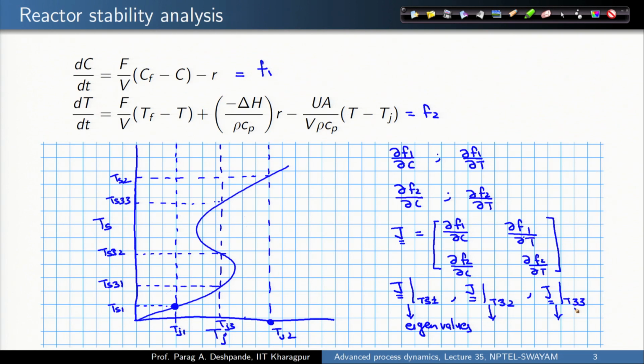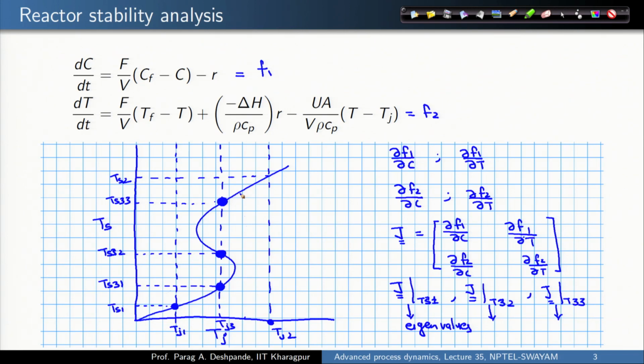When you plug in all the values of say the heat transfer coefficient, density, flow rates and so on, you will realize that these 3 points which you obtain, point 1, point 2 and point 3, have different stabilities.